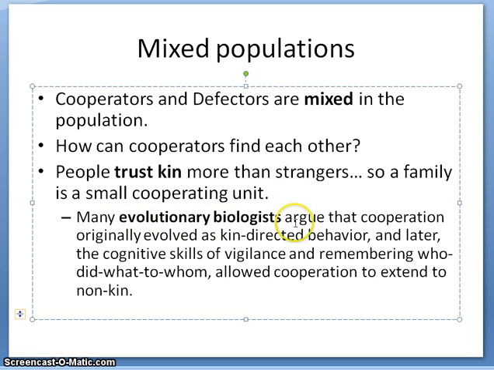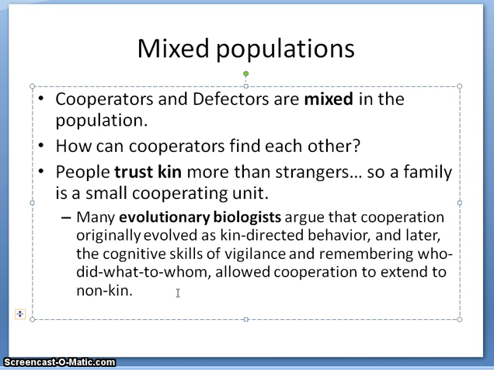Now, a lot of evolutionary biologists would argue that cooperation originally evolved as kin-directed behavior. And then later, cognitive skills like vigilance, paying attention to who's doing what and remembering who did what to whom, allowed cooperation to extend to non-kin.